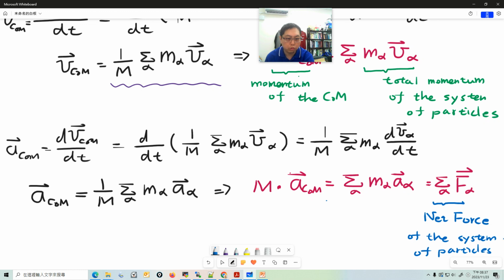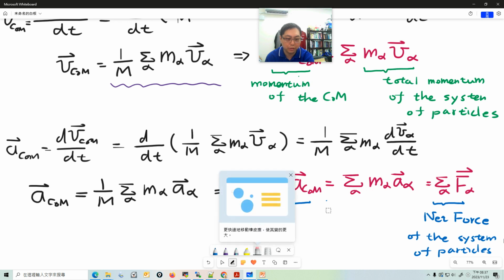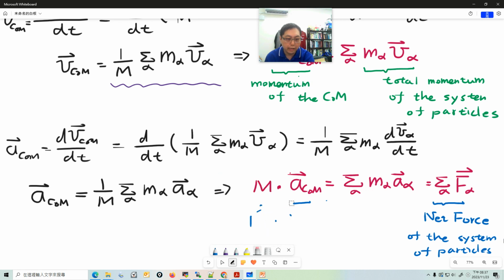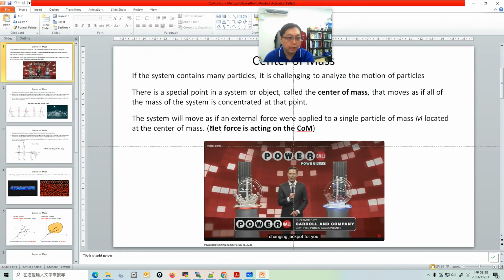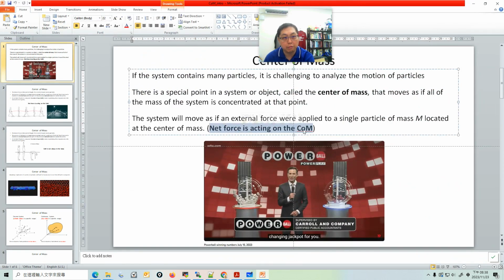It is equal to the total mass times the acceleration of the center of mass. That's why we previously showed in this slide that the net force is acting on the center of mass.